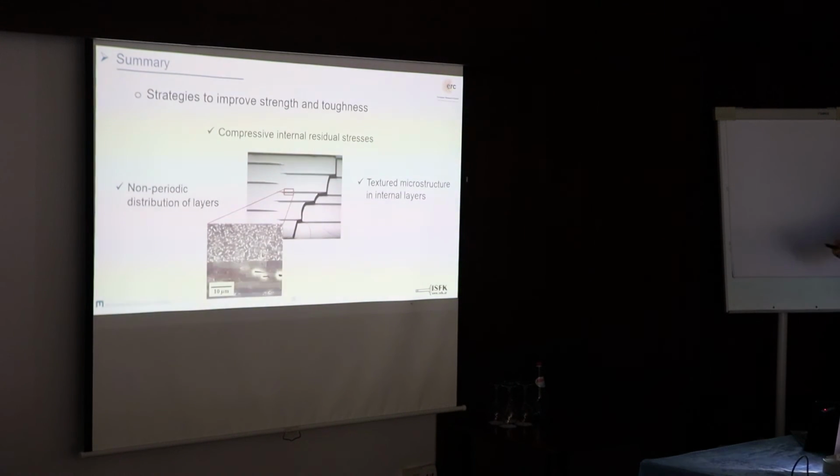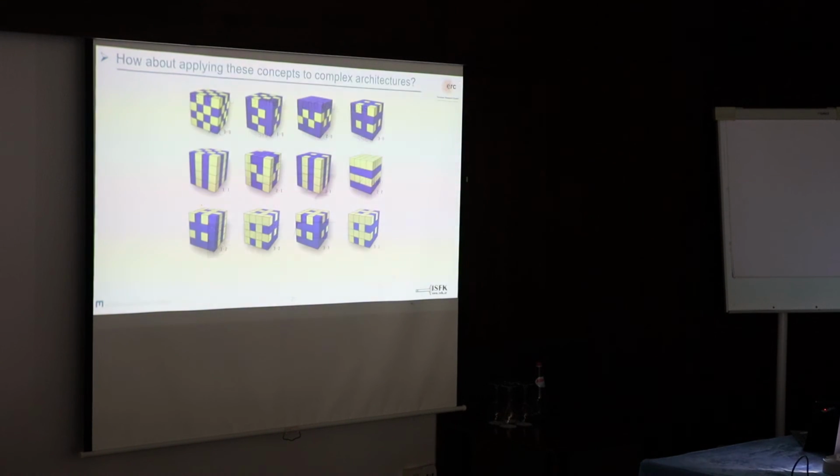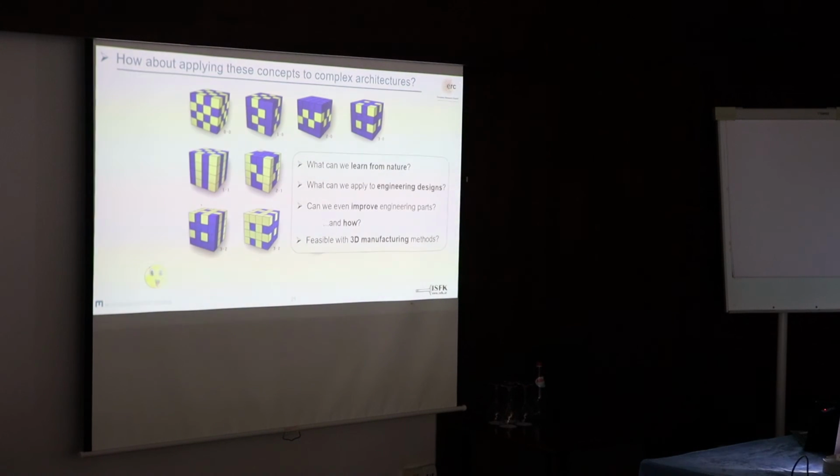Now, summarizing, we have different ways: one is just using compressive stresses, the second is tailoring the architecture, and the third is introducing or tailoring the microstructure. You can now think of going from planar structures to more complex devices or components. For these, it is very useful to have techniques like 3D printing that allow this complexity.